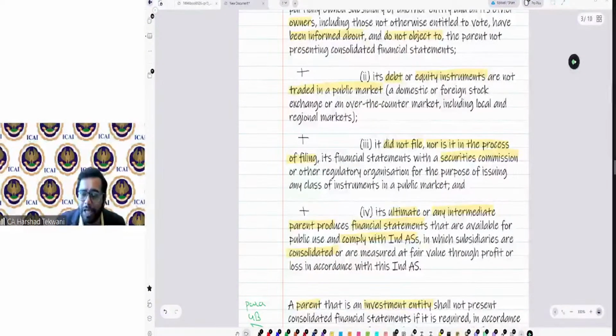Now, why do you think we have two same exemptions at different places? Why do you think we have same exemptions at two different places? Come on, guys.